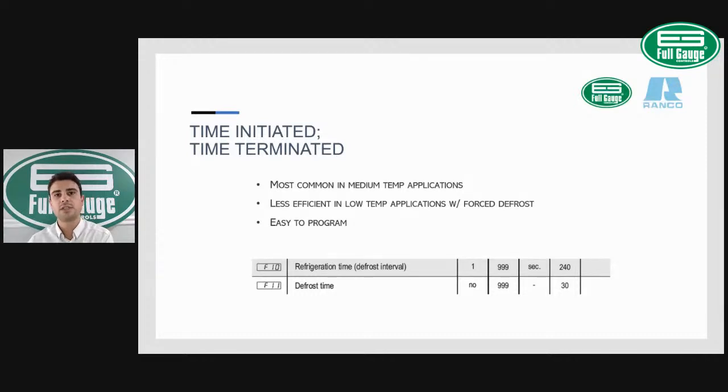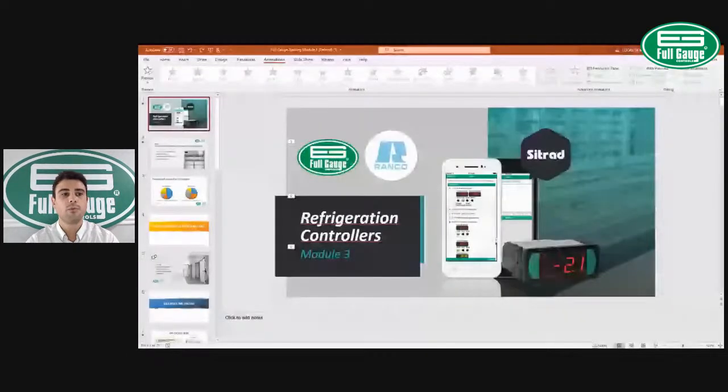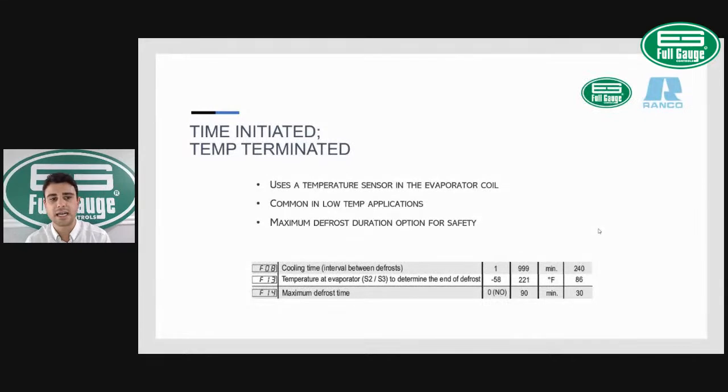When we move to the low temp freezer applications, we're going to have a different defrost determination. Commonly, our defrost will be time-initiated, temperature-terminated. In this case, we're going to use a temperature sensor in the evaporator, and that sensor will determine the end of the defrost cycle. Again, this is very common with medium temp as well as low temp applications, but mostly in low temp freezer applications.